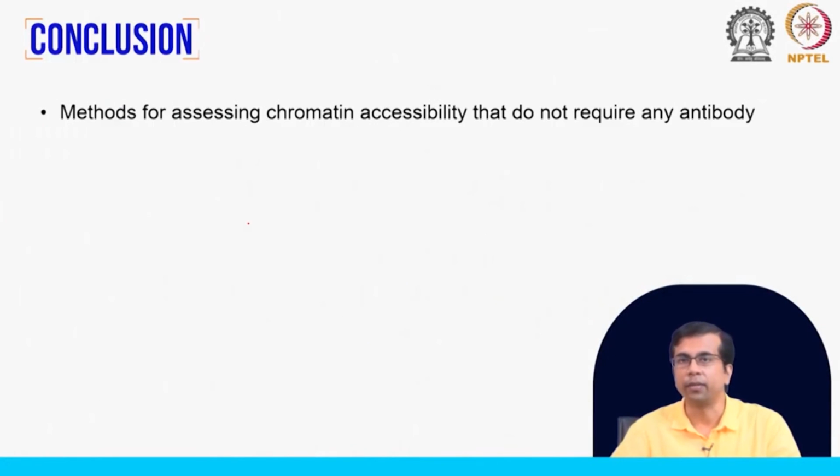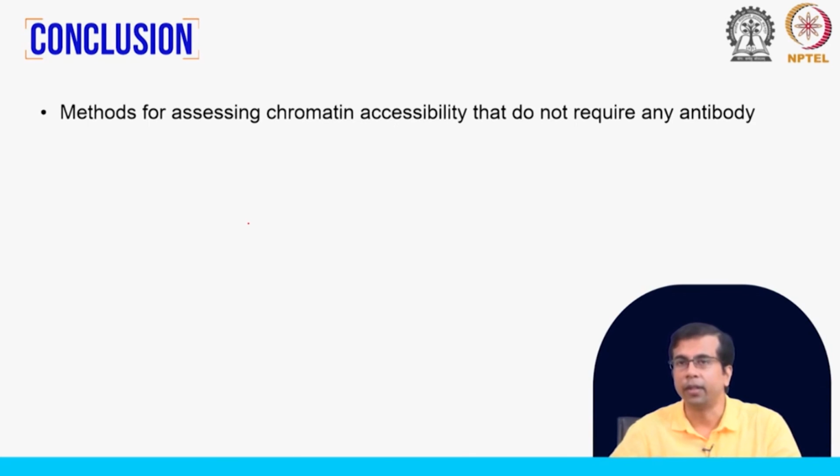To summarize, we have talked about different methods for assessing chromatin accessibility, and they do not require any antibody. We started with the limitations of the ChIP-seq or ChIP-exo experiment. They required antibodies, and these antibodies would have to be raised against each protein or each type of modification that we want to study. That makes the whole process expensive.